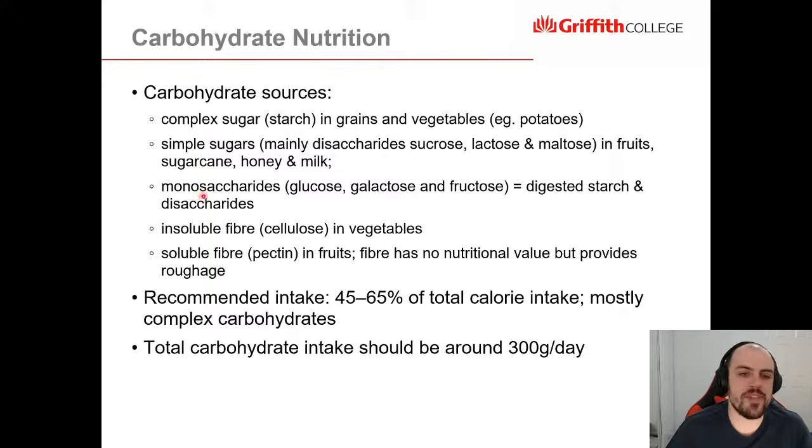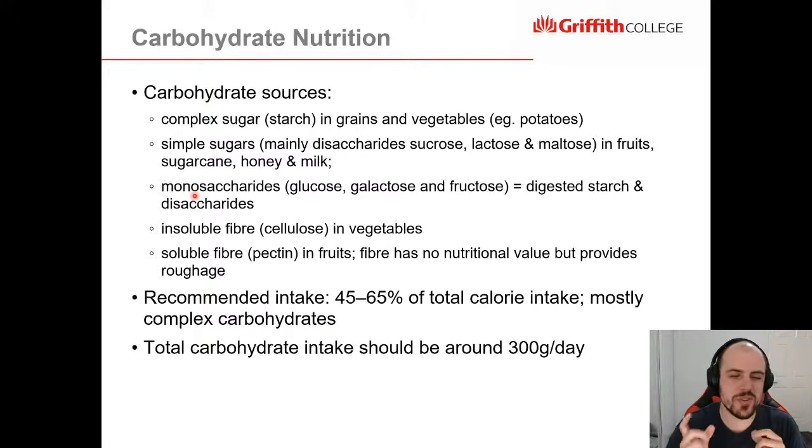Now, we also have our saccharides. Saccharide means sugar. So if I say monosaccharide, mono means one, so monosaccharide means one sugar, like glucose or fructose or mannose. If you have a disaccharide, di means two, saccharide means sugar, so that's two sugar molecules that are joined together.